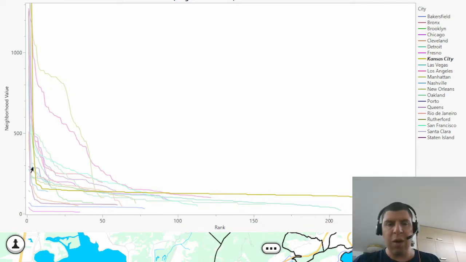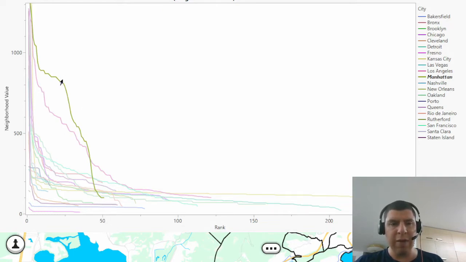So by ranking all the neighborhoods in terms of their value, I head to the middle neighborhood, and I want to know how much that costs per up squared. For Kansas City, it's 123. For Manhattan, it's obviously going to be a lot higher. There are only 50 neighborhoods, so the 25th neighborhood is sitting at around 830 UPX per up squared.